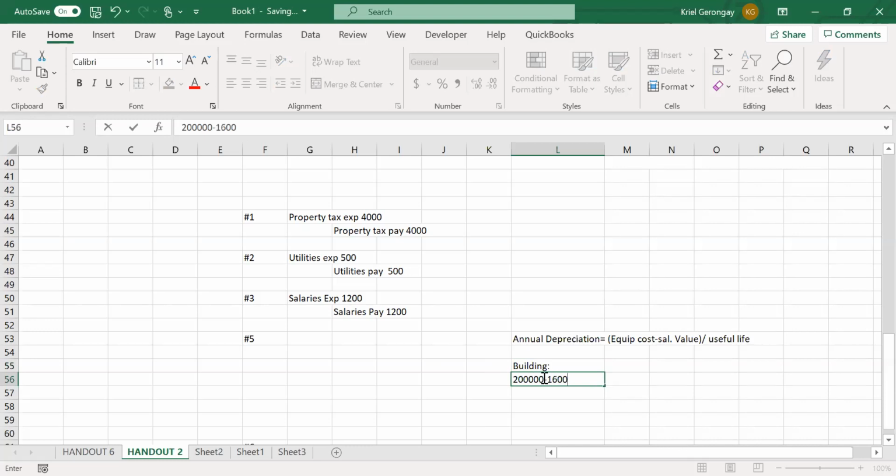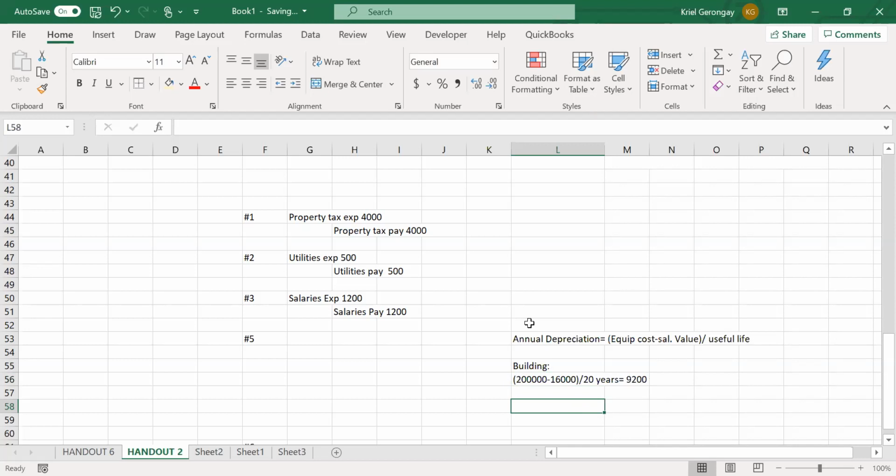All of these numbers are given. Divided by the useful life, which is 20 years. And so this will equal to how much? 9,200. Thank you.